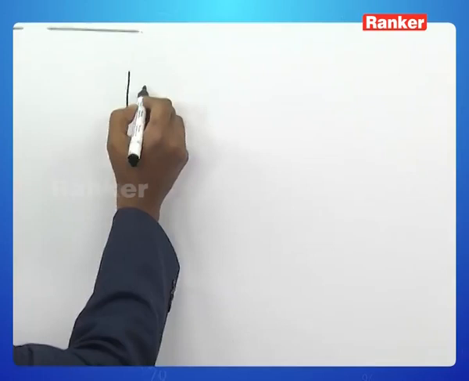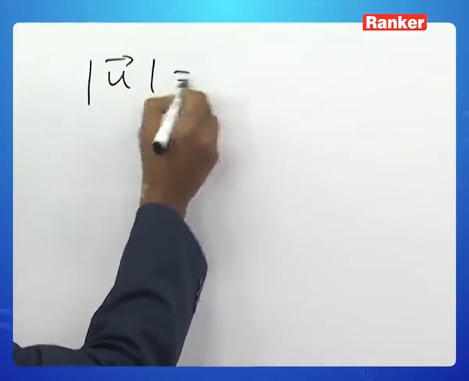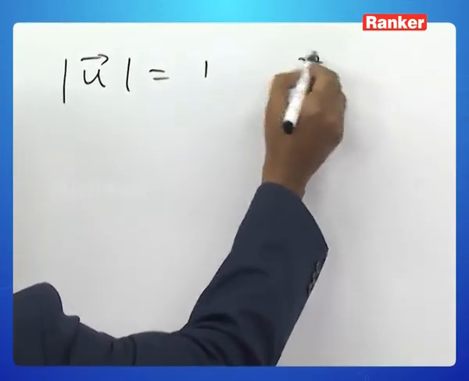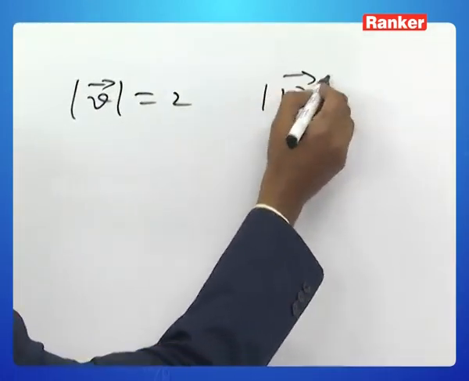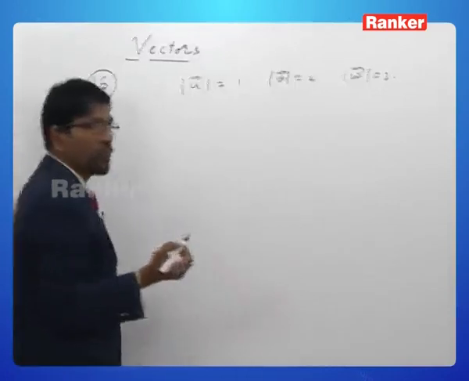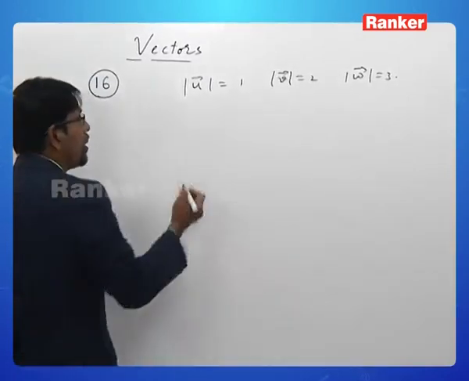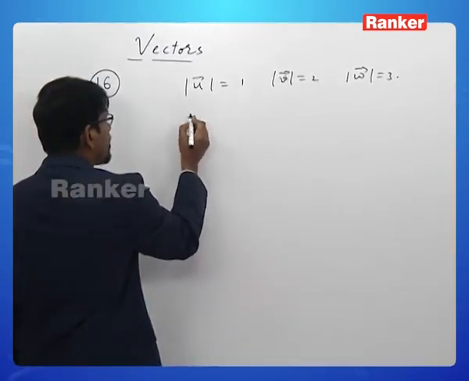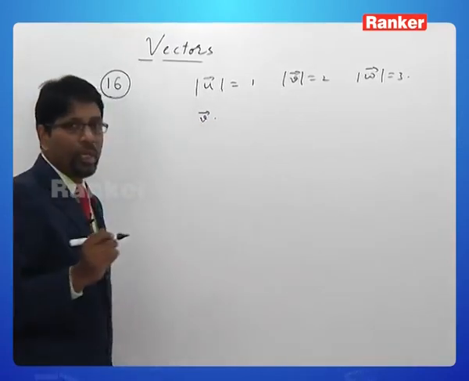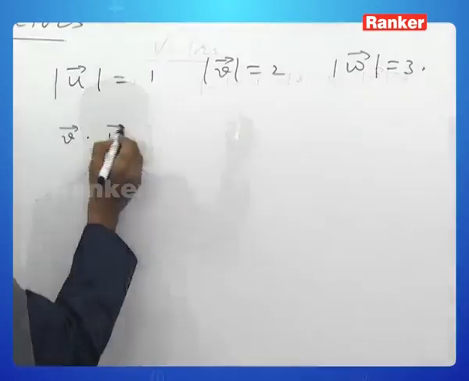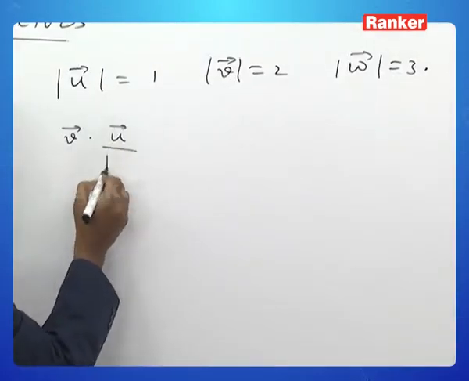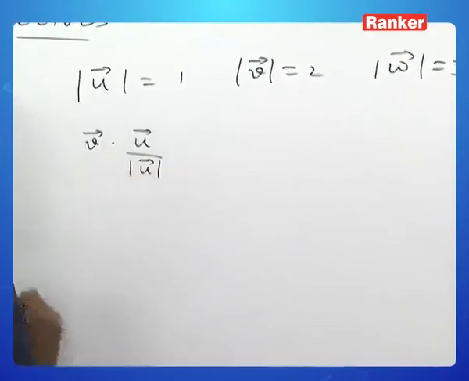Now what are we given? We are given the magnitude of u to be 1, the magnitude of v to be 2, and the magnitude of w to be 3. What else are we given? The projection of v bar along u bar. What is the projection of v bar along u bar? It is v bar dot u bar divided by the magnitude of u bar.